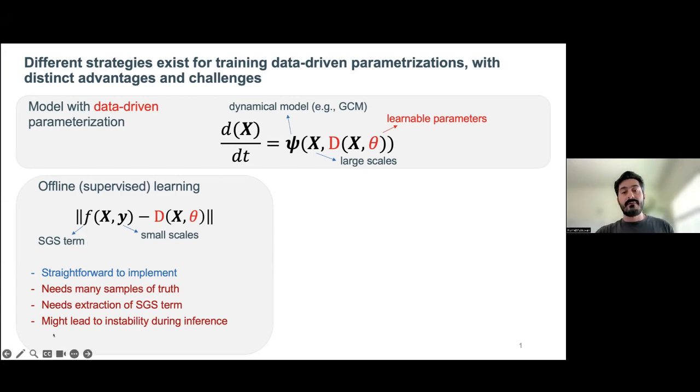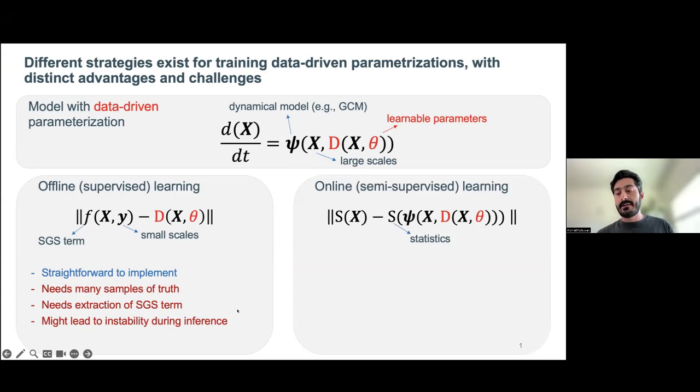And also, when coupling it back to the dynamical model, it can lead to instabilities, as Ed mentioned. On the other hand, learning can be approached as an online task, which allows learning from time or space average statistics, for example, the period of the QBO.